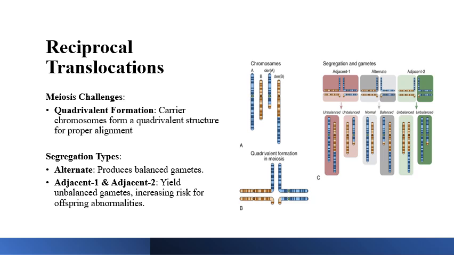In adjacent 1 and adjacent 2, segregation produces unbalanced gametes, which can lead to genetic disorders or recurrent miscarriage in the carrier. Alternate segregation, on the other hand, results in balanced or normal gametes, and this preserves the genetic material. This really explains why some individuals with translocations may have a reproductive challenge and have recurrent miscarriage, or can pass on chromosomal abnormalities to their offspring, or can also produce balanced gametes through alternate segregation.